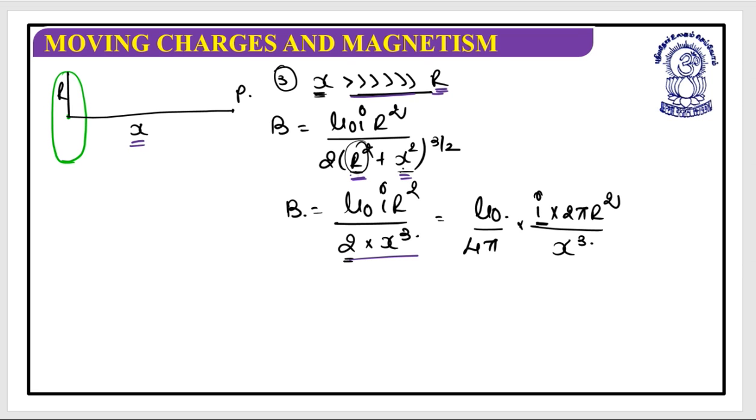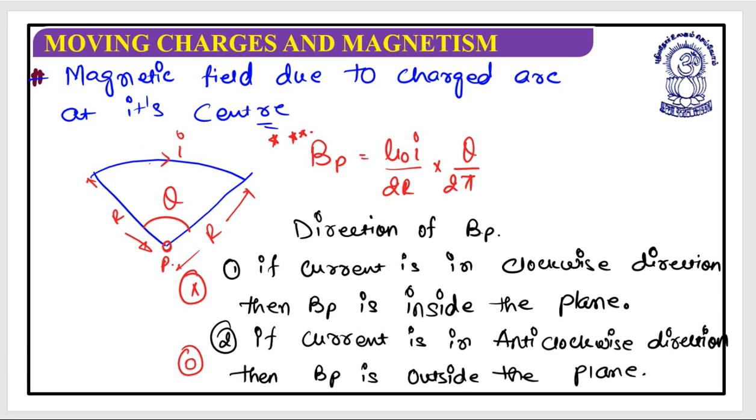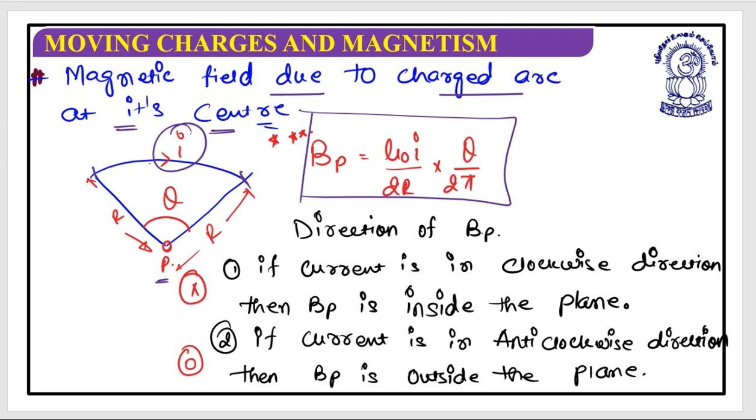And last but very important, the magnetic field due to a current-carrying arc at its center. The current flowing through this arc is I, you require the magnetic field at point P, the angle is theta and the radius is R. So the magnetic field at P is mu naught I by 2R multiplied by theta by 2 pi.